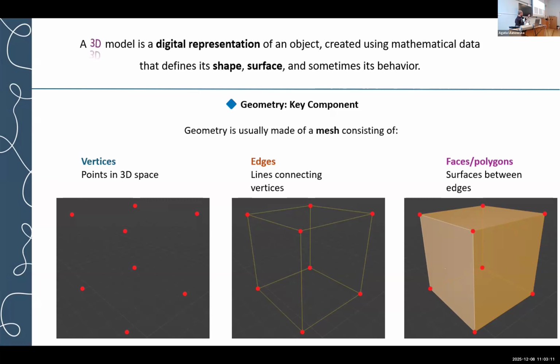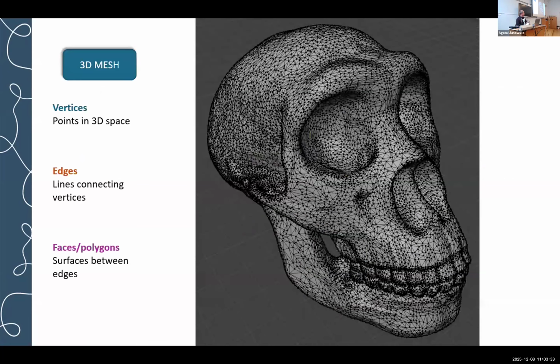When you start connecting points with lines, you create edges, and when you fill the empty space between edges with some surface, you create a face of an object. So with these three components, you can create a 3D mesh. With this small amount of data, you can create very simple shapes. But if you want to create a more complex shape, you need more data. You need more vertices, more edges, more faces or polygons.